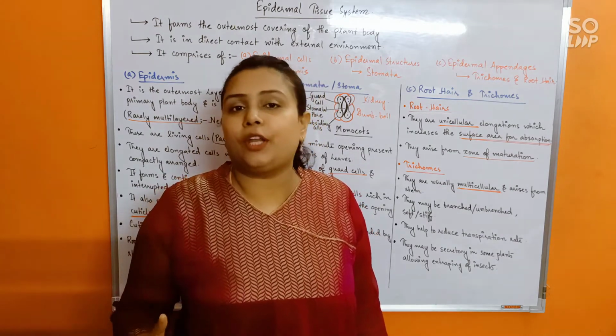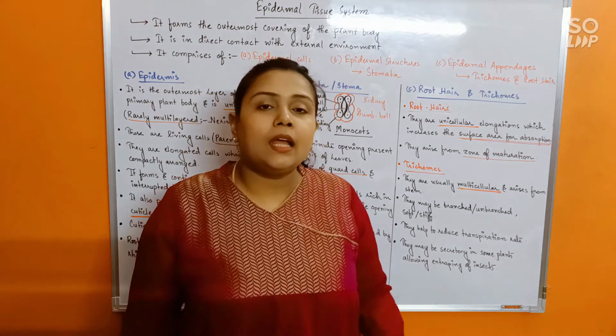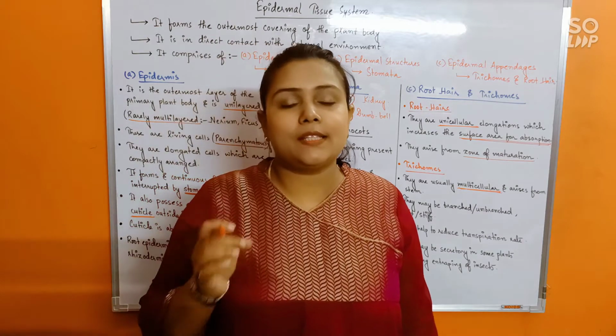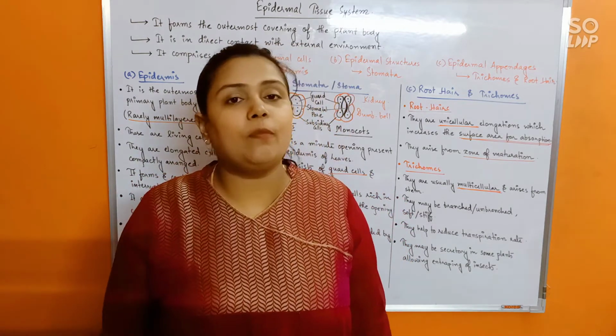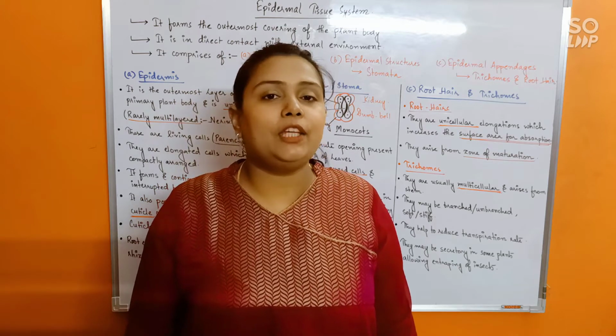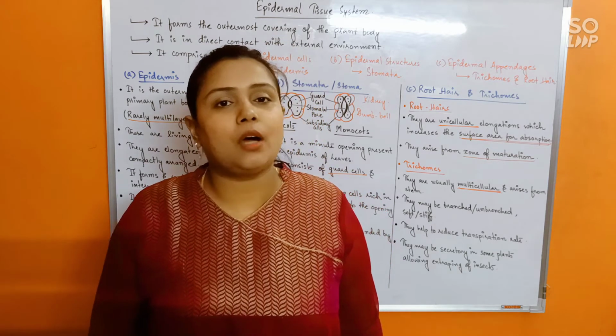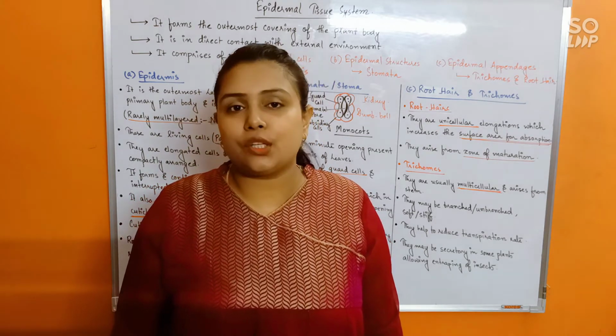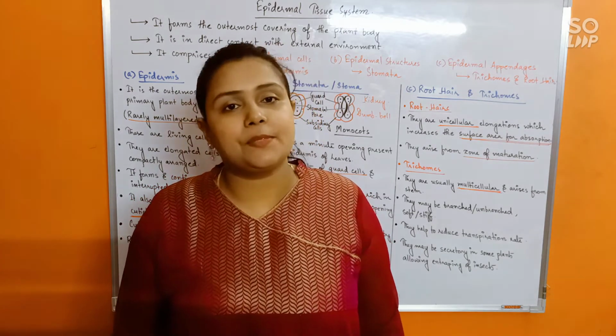Next, coming to stomata. In the epidermis, there will be occasional interruptions in the form of pores called stomata. The stomata are minute pores which remain open throughout the day and close at night, and they allow gaseous exchange and also transpiration.